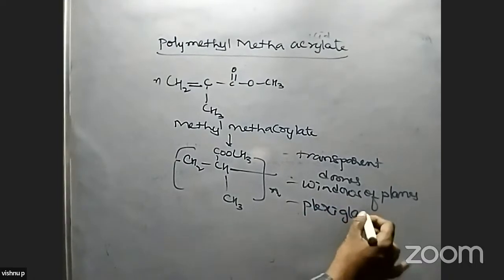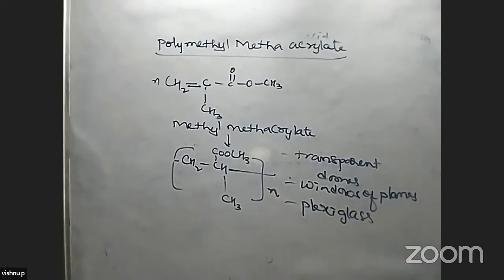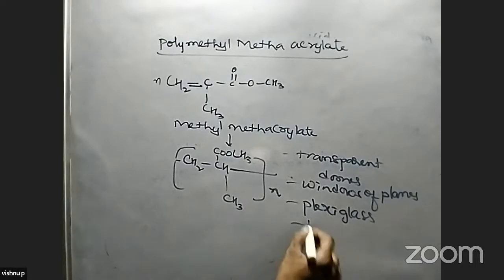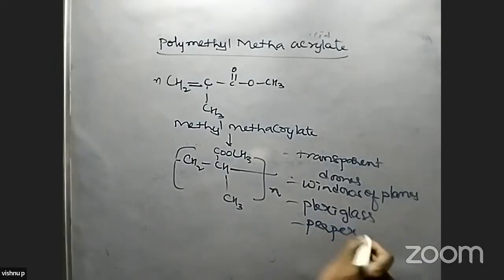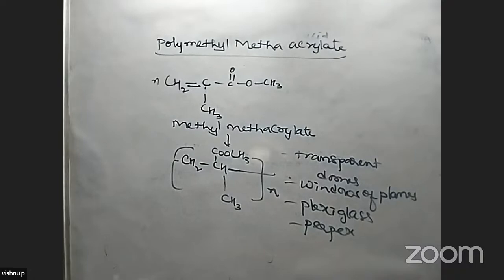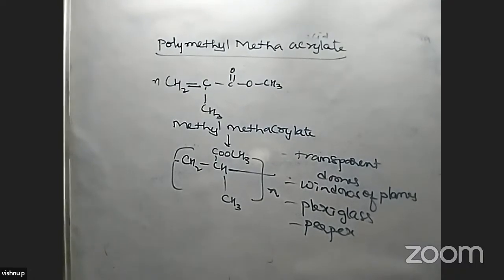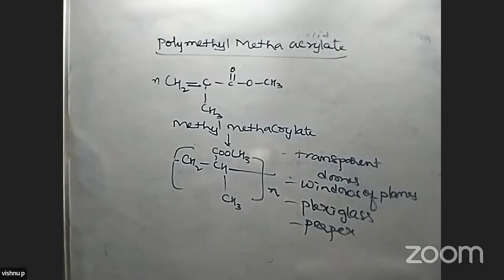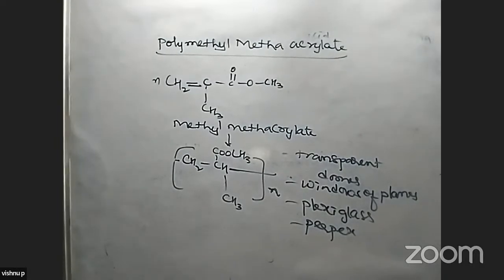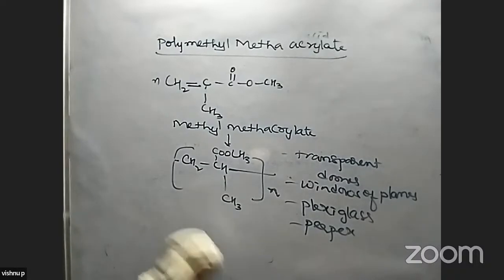You can call it plexiglass, or perspex also. These are commercial names of this polymer. So these are important polymers used in the polymerization industry. A few are synthetic polymers and a few are natural polymers.